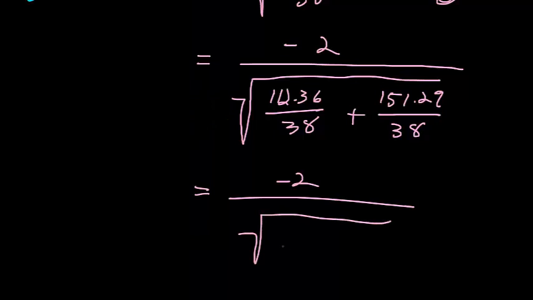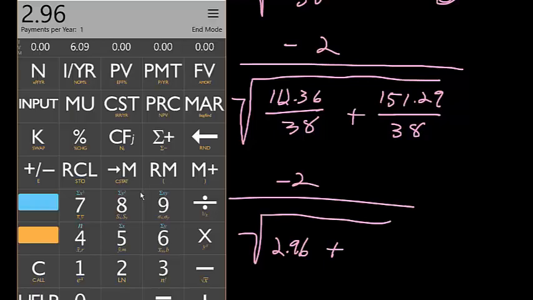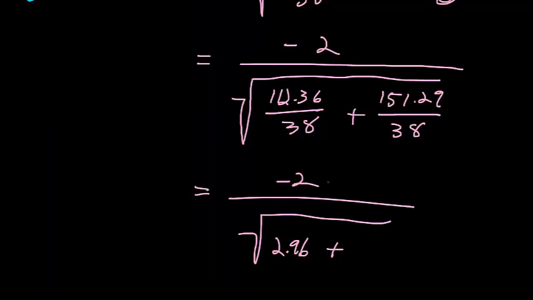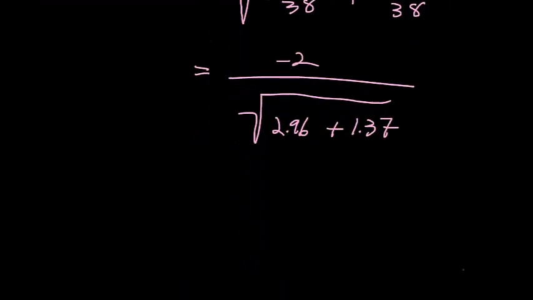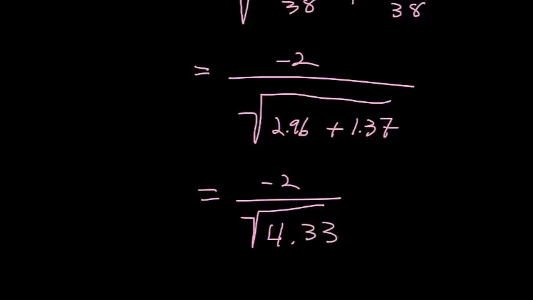So the square root of 2.96 plus, calculator, 151.29 divided by 38, 1.37. 1.37, which is the same as saying this is equal to negative 2 over the square root of 4.33.